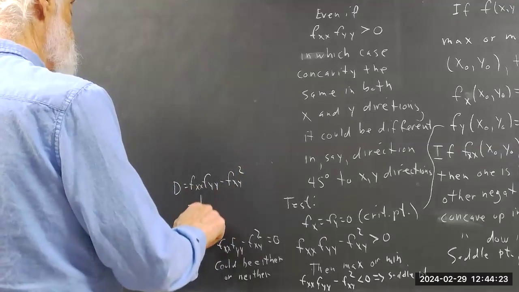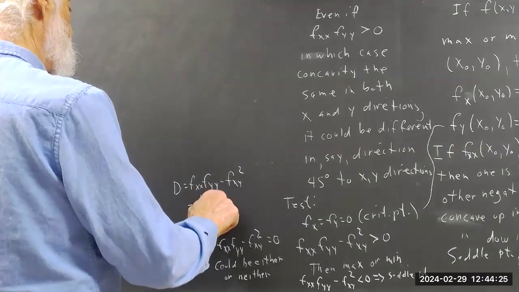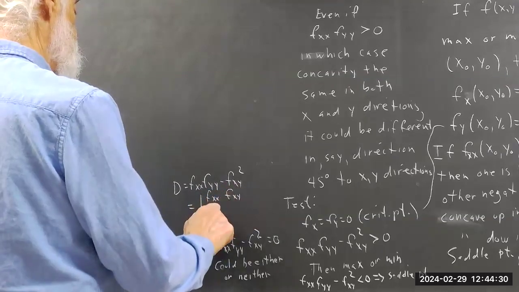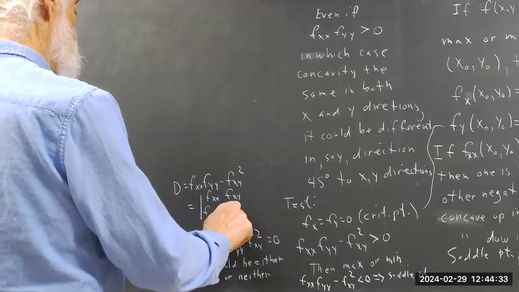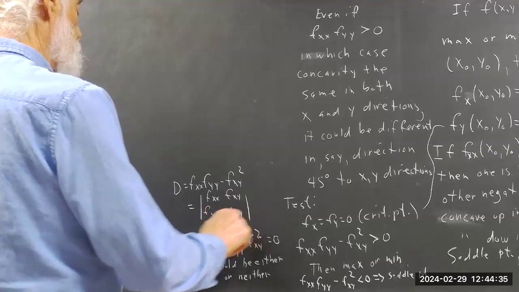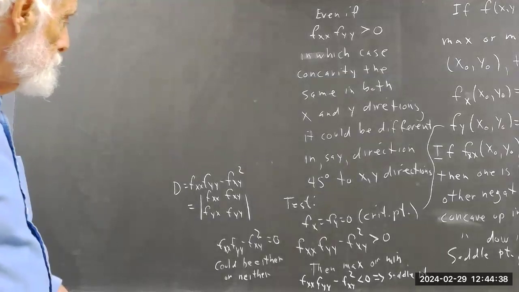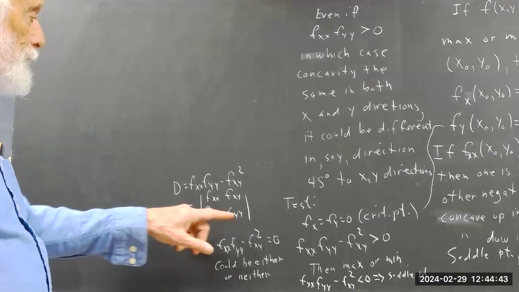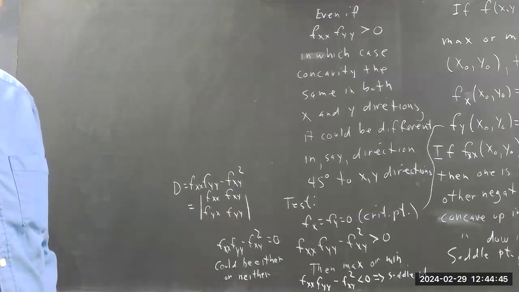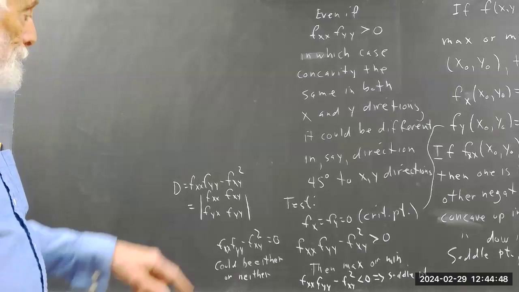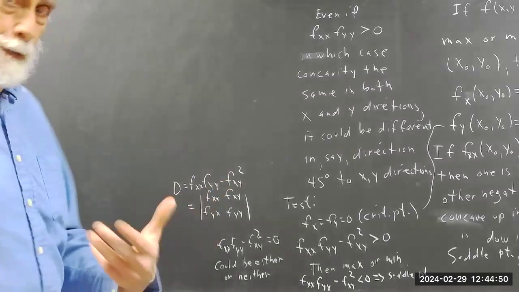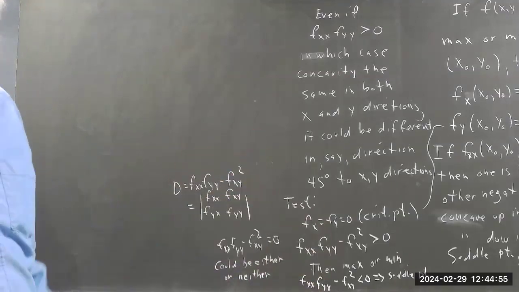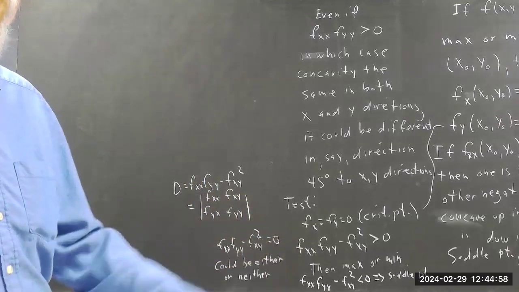And if the discriminant is the determinant, we'll write it like this. f_xx and f_xy, then f_yx and f_yy. Okay. But since f_yx and f_xy are equal to each other, and you should understand that, having done the homework, I would ask you to do it both ways.